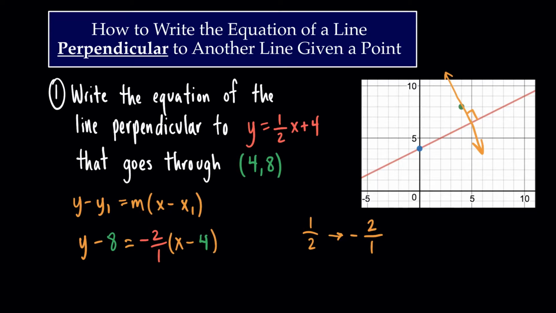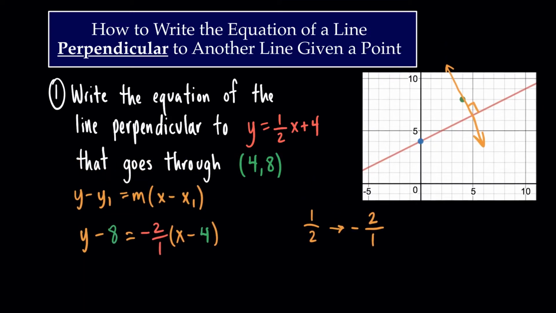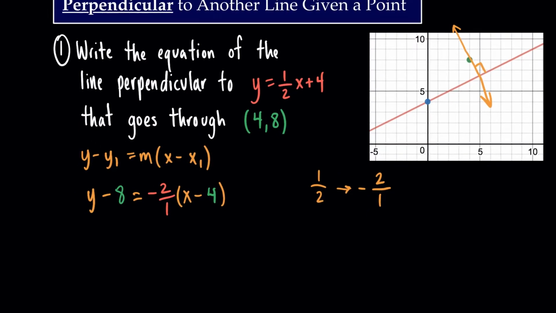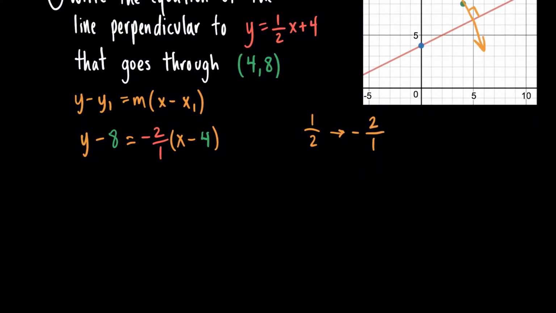Okay, and from this point, we're just going to simplify. Scroll down. All right, and I'm going to put this in slope-intercept form. If you like, this is acceptable in point slope form. I would maybe just write -2 there for that red part instead of -2/1, but that's totally fine.